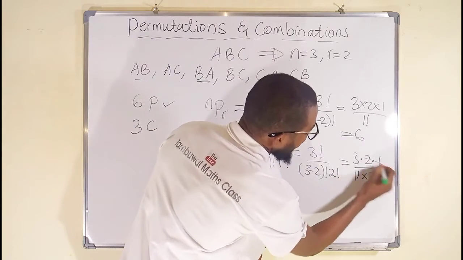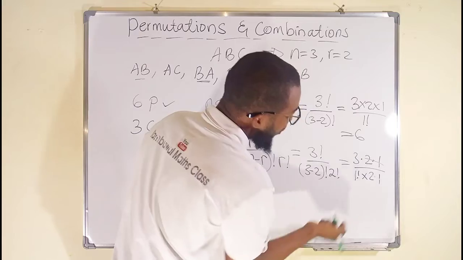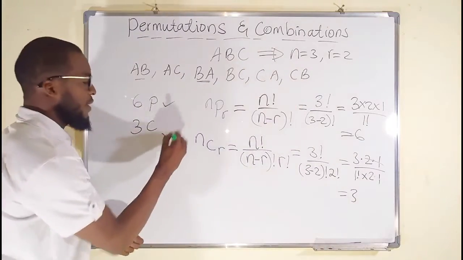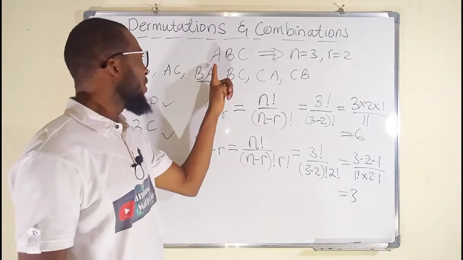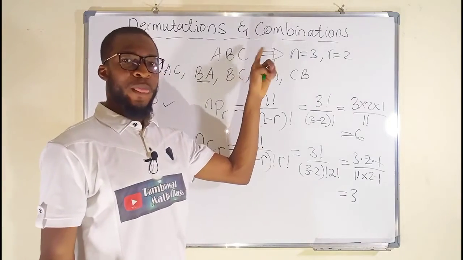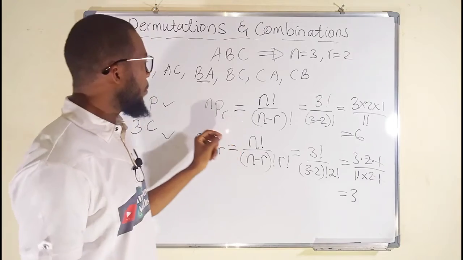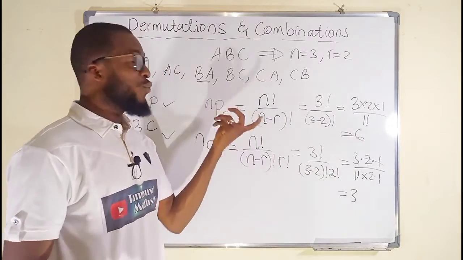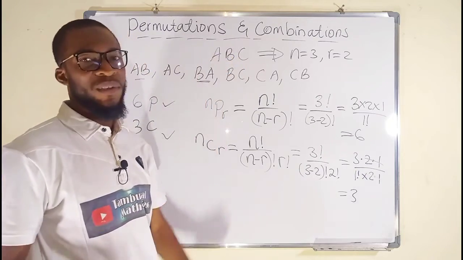Can you see this will cancel this? What we have left is 3 divided by 1, which is equal to 3. Can you see that? In combination, we have 3 combinations here in choosing 2 out of 3, but 6 different permutations in arranging 2 out of 3 items in ABC.